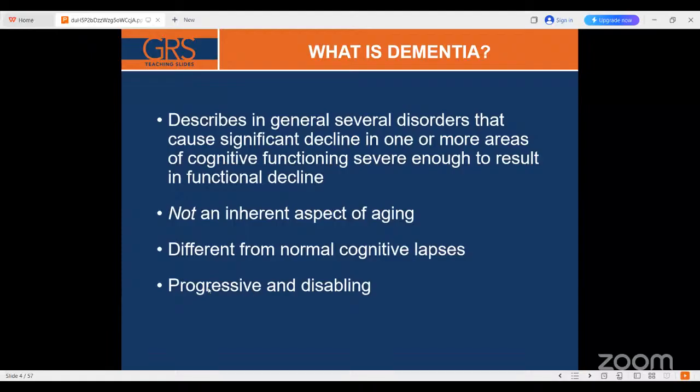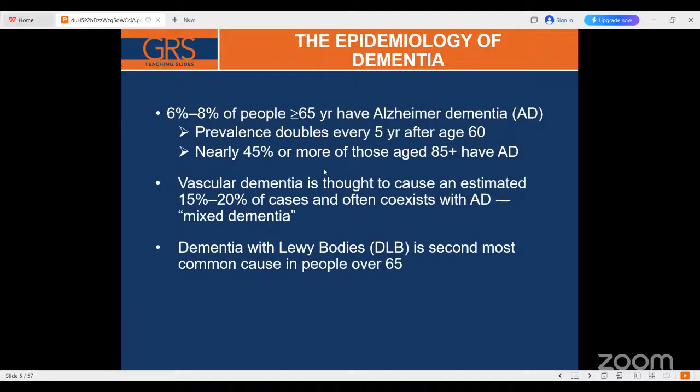Dementia is a progressive and disabling disease that results in impaired function, unlike normal cognitive lapses in aging.